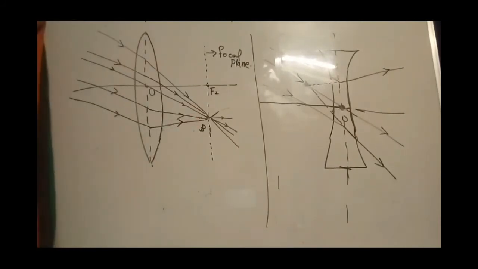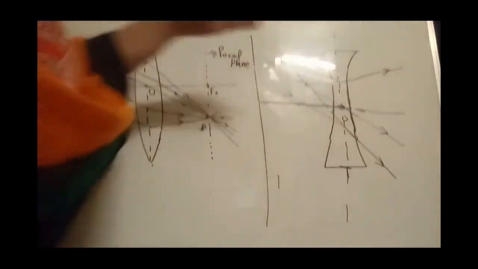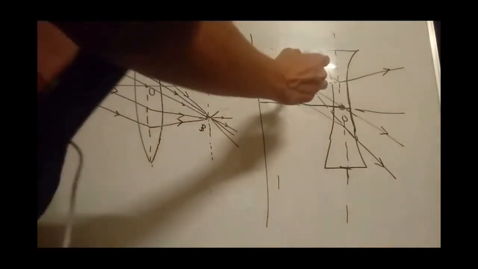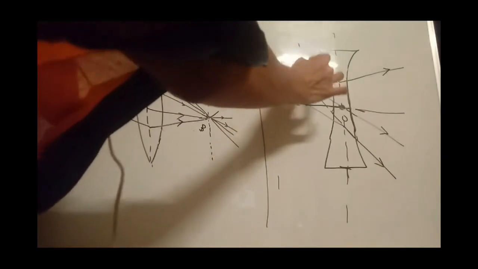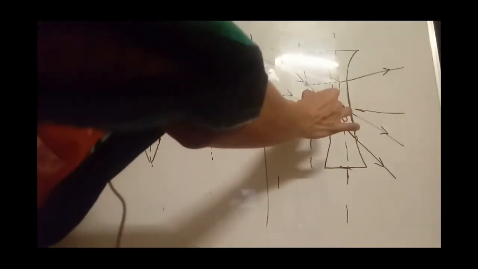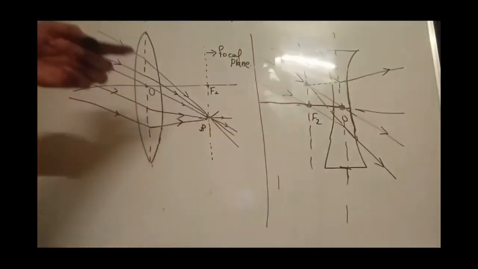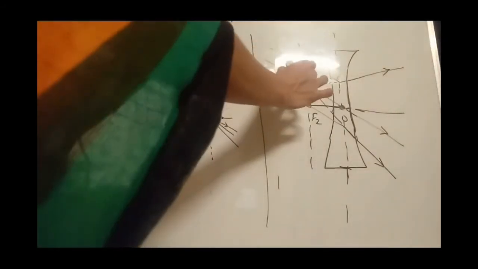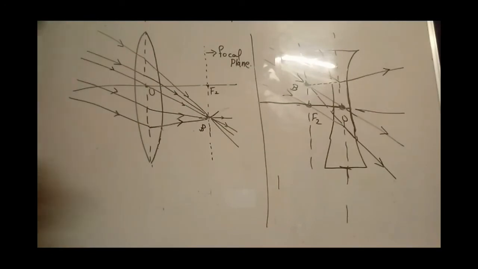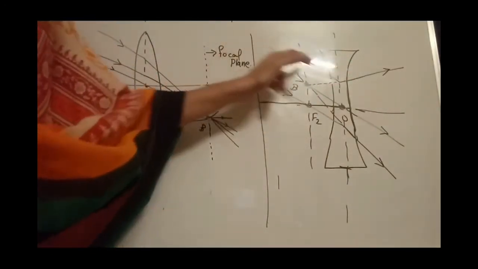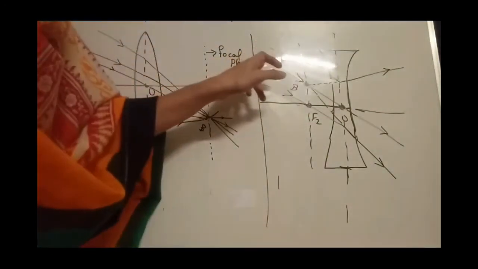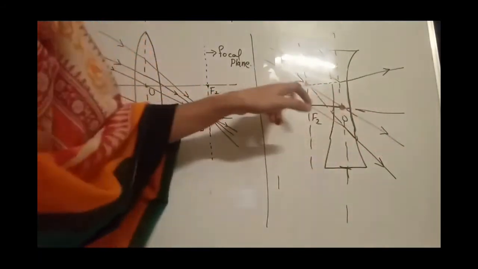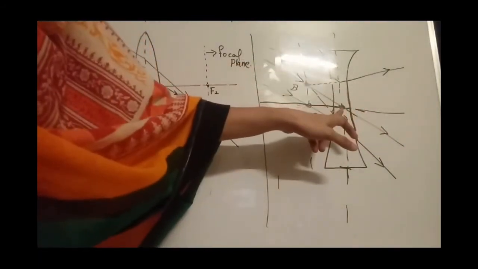Similarly, for the concave case also the same thing will happen. You could see that here it will be the focus F2, and this is the point B. So here also I have considered certain oblique rays. This oblique ray will diverge, the second oblique ray will go straight because it is passing through the optic center.